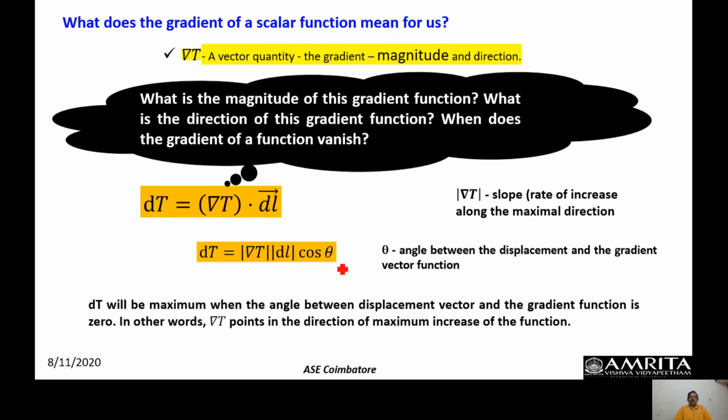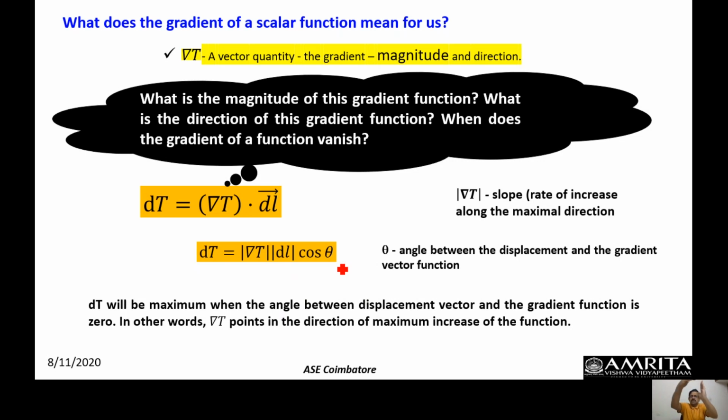But if I hold a competition and I want you to climb quickly, there will be a direction of steepest ascent, the direction in which you will try to climb because you want to reach quickly. That direction of steepest ascent in climbing a hill is going to be the direction of the gradient. That is merely a perpendicular from the ground.